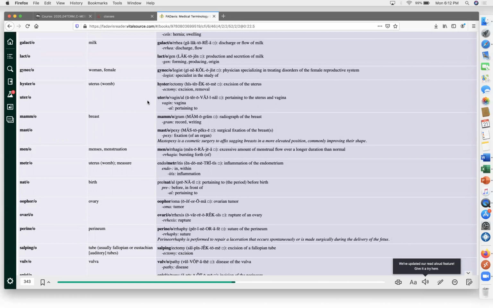Gynecologist, we got already. Now, hysterectomy. Ectomy is to cut out. Hyster is the uterus, also known as the womb. That's why, ladies, don't take it too kindly when someone calls you hysterical. Because what does hysterical mean? It means you're crazy, or you're not making any sense, or you're so funny that I have to laugh in your face.